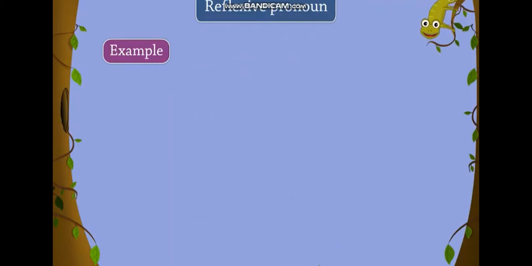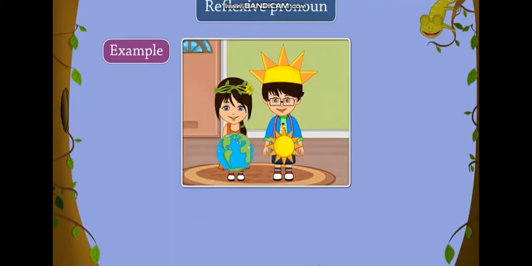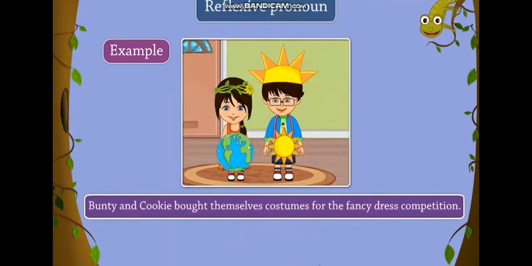The next example is, "Bunty and Cookie bought themselves costumes for the fancy dress competition." Observe that the subject is Bunty and Cookie and the object is themselves. Is it clear?